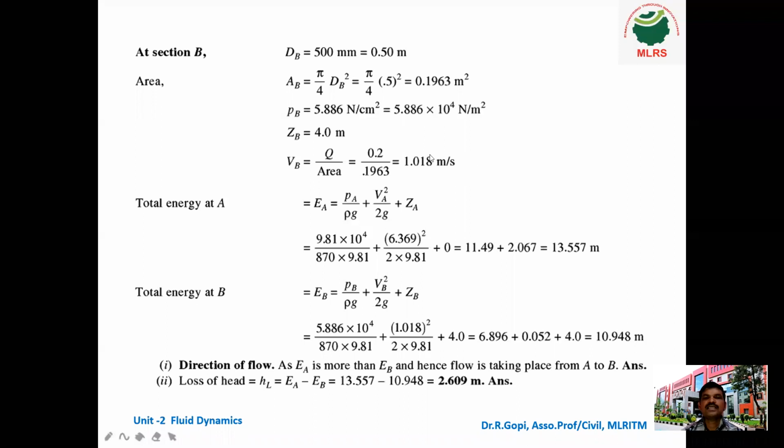So two problems we have seen. One is for uniform pipe, the other one is for tapered pipe. So for two cases we understand. Shall we move to the next? This chapter is over. Shall we move to the next chapter?